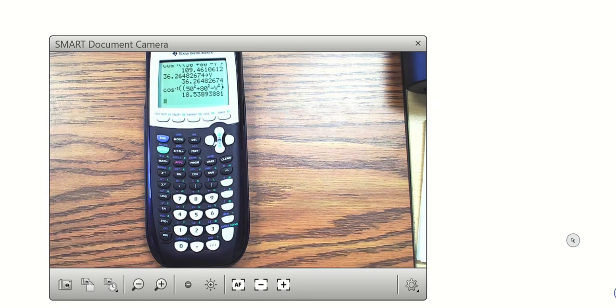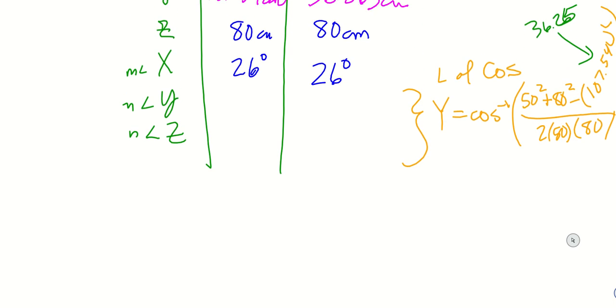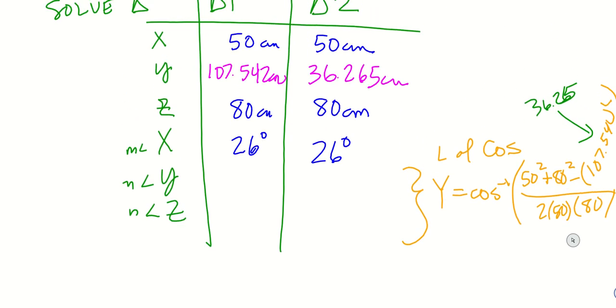So picking up those values, I now have the measure of my angle y is, I'm sorry, 109.461 degrees for my bigger triangle, or 44.461 degrees.